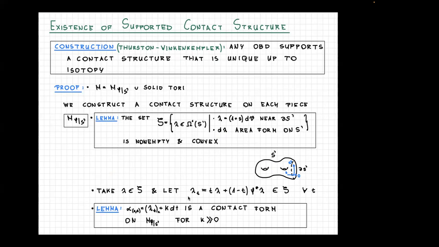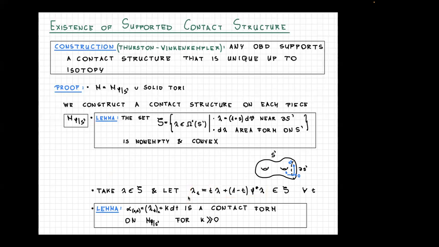You take t times the one form plus 1 minus t times phi star of that one form. I need to connect the one form with phi star of the one form, and this is the way I can glue it together to get a one form on the mapping torus. So this lambda t gives me a one form on the mapping torus.